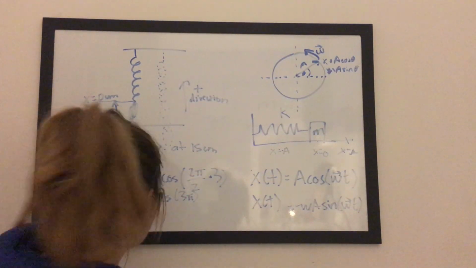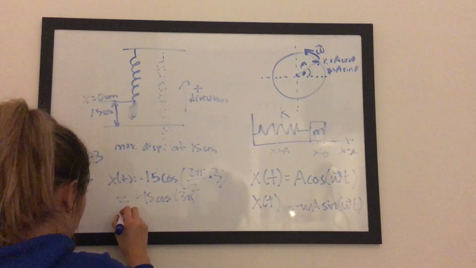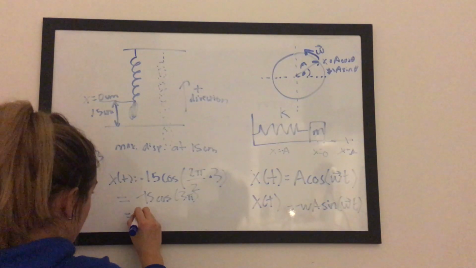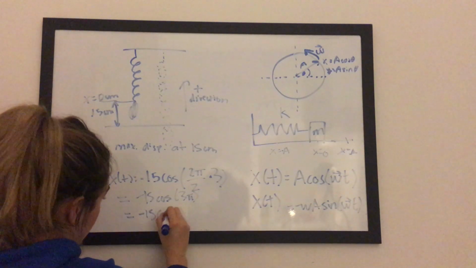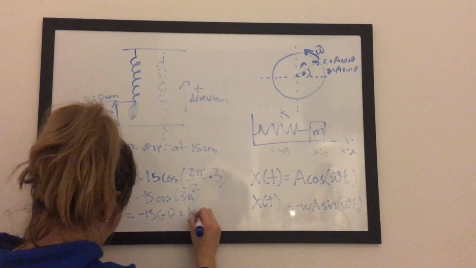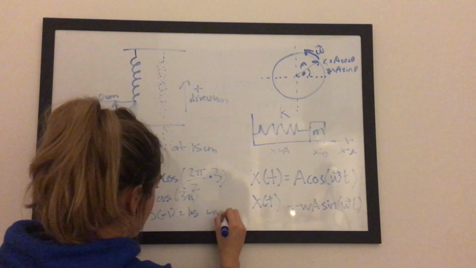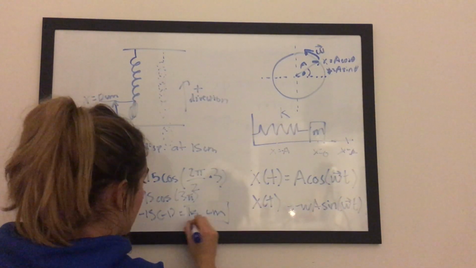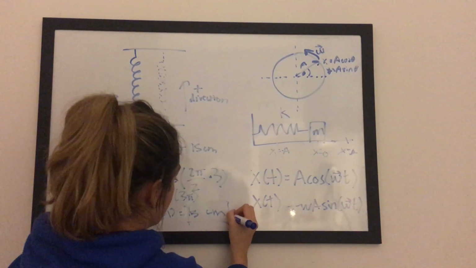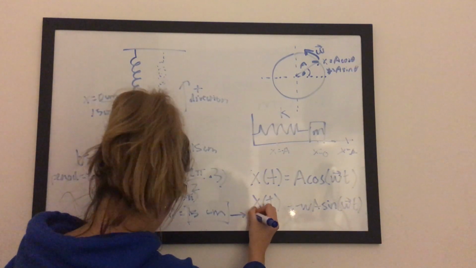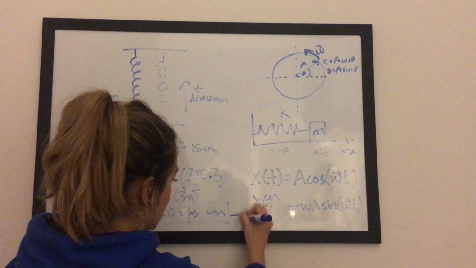Cosine of 3 pi is equal to negative 1, so this is going to be equal to negative 15 times negative 1, which is equal to 15 centimeters. This is our final answer, and it is equivalent to option A on the exam.